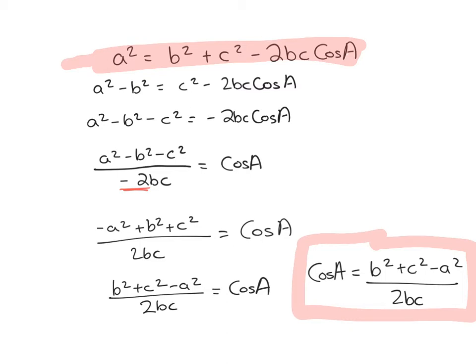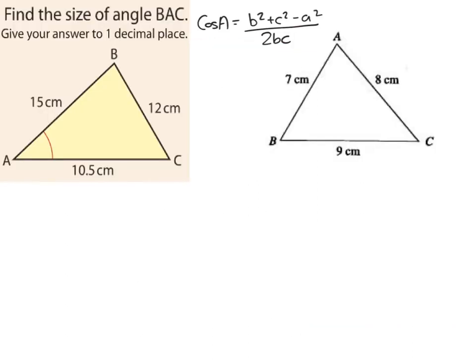And then other people would just substitute into the cosine rule as you've done it originally, and then just rearrange that equation afterwards. It's completely up to you how you would prefer to do it. So on these two examples, I'm going to just use what we've just used there. We could just use that to find these, and this will be slightly quicker because there'll be no rearranging of the equation needed. There'll just be one step at the very end where we just want to find A and not cos of A.